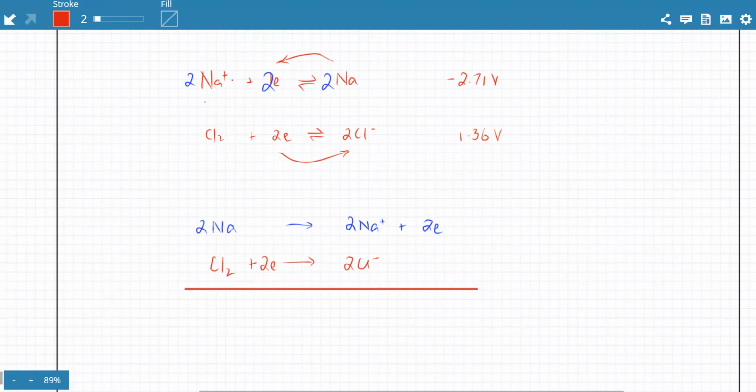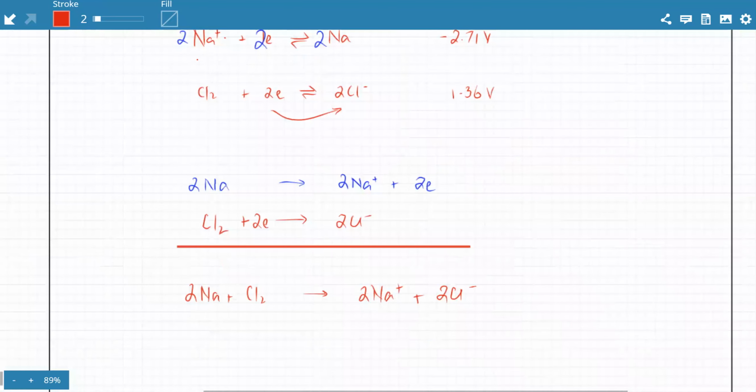You add up the reactants, you get 2Na and Cl2. And you add up the products, you get 2Na plus 1 and 2Cl minus 1. Okay, is this clear so far? Yes, so this is what we have been doing.